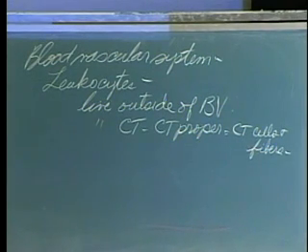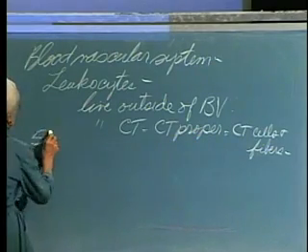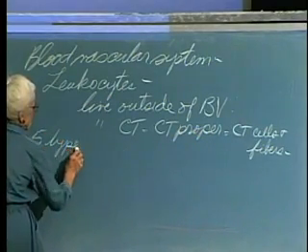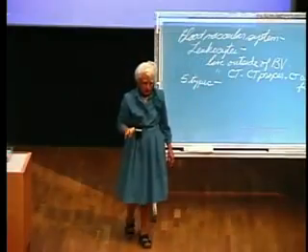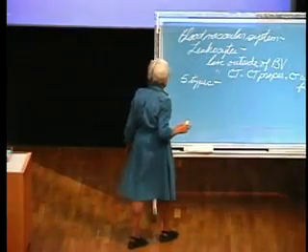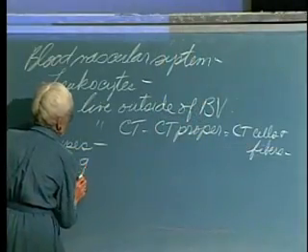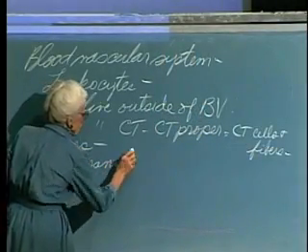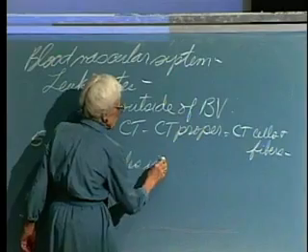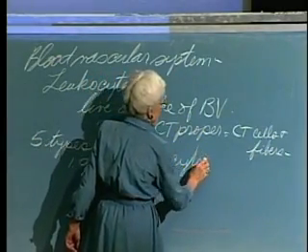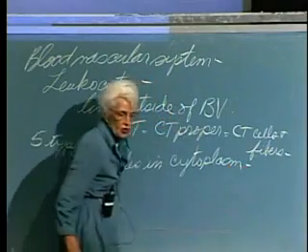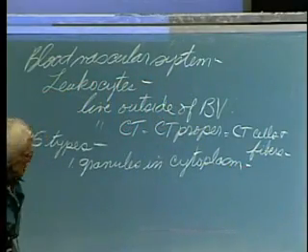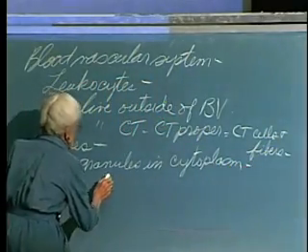There are many kinds of white blood cells. There are 5 types. And they're classified according to the granules in the cytoplasm. They're called granular leukocytes.